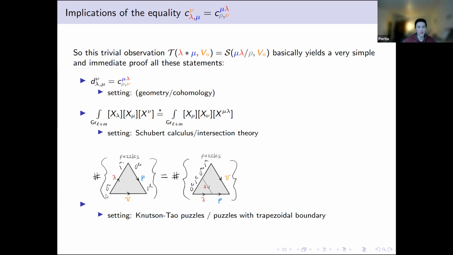And then here's the puzzle version of it. Puzzles are like this. This doesn't tell you much about them, but imagine these are filled with puzzle pieces. You label the edges with strings of ones and zeros, and a string corresponds to a partition, because partitions that fit in a k by n minus k rectangle are in bijection with binary strings with k ones and n minus k zeros.